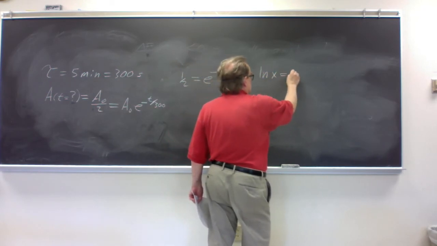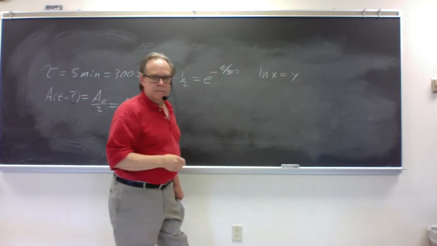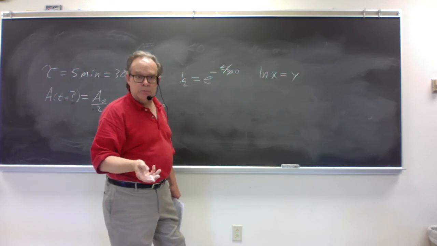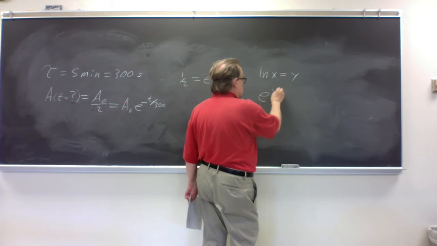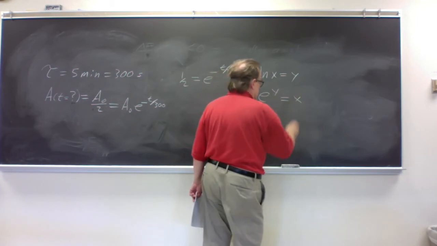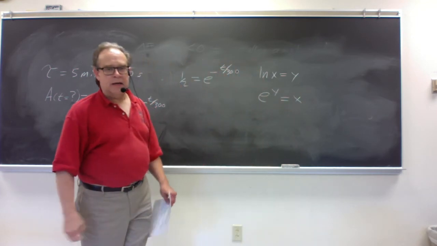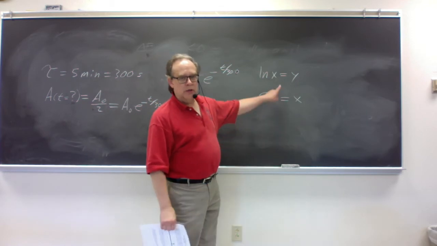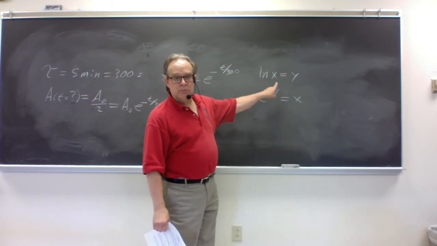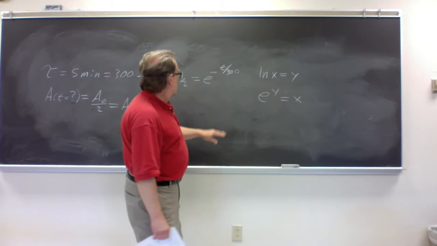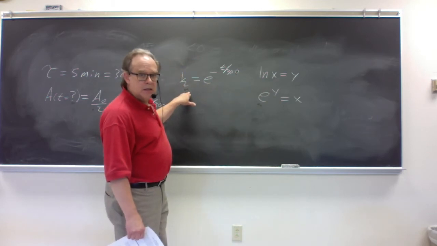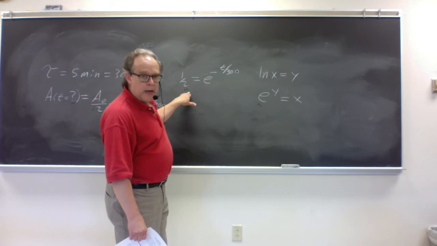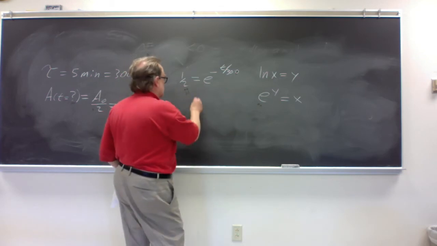ln of something is an exponent, which we will call y. It's an exponent to which e is raised. And if e is raised to that exponent, the number you get is whatever number was in this slot. So you're comparing this with this. In this case, 1/2 corresponds to x.